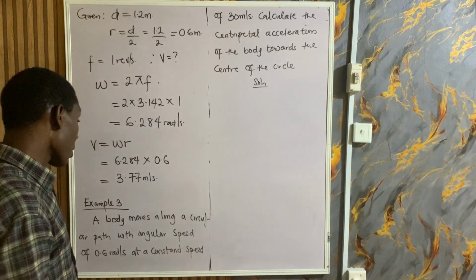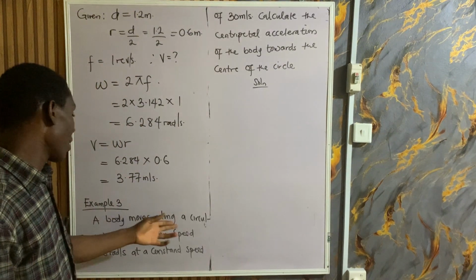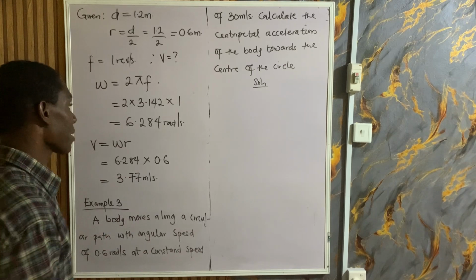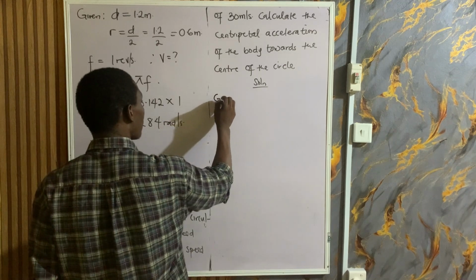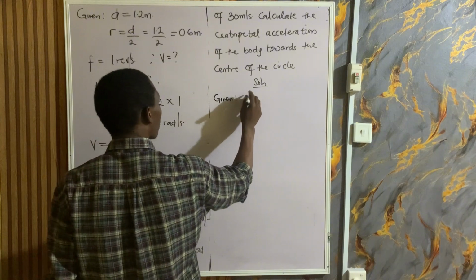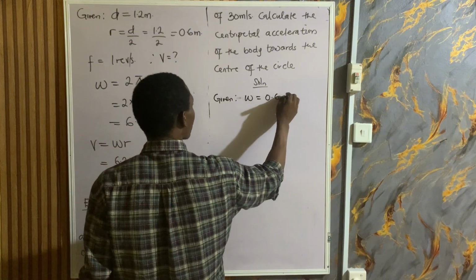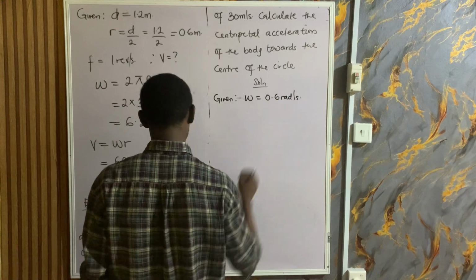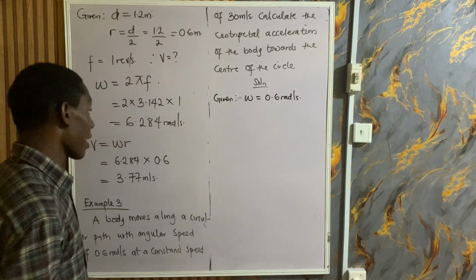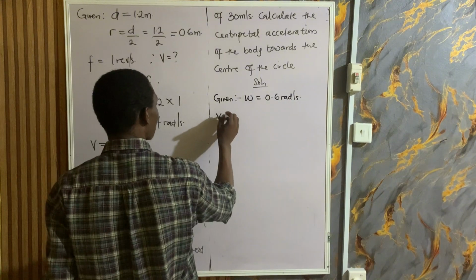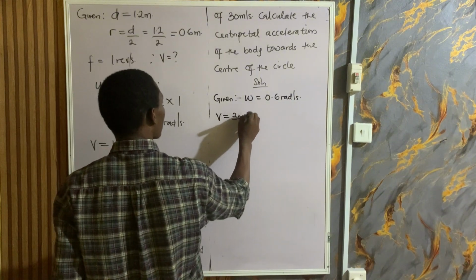Example 3. A body moves along a circular path of angular speed 0.6 rad per second. So the given here now is angular velocity, 0.6 rad per second, at a constant speed of 30 meter per second. That's the linear speed.